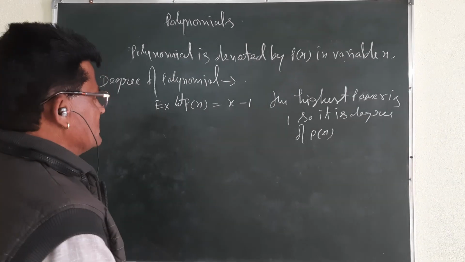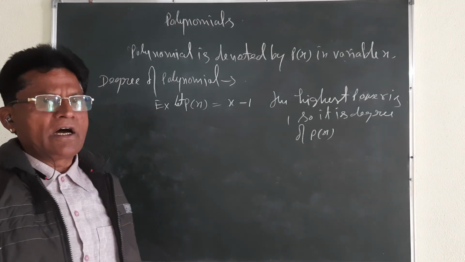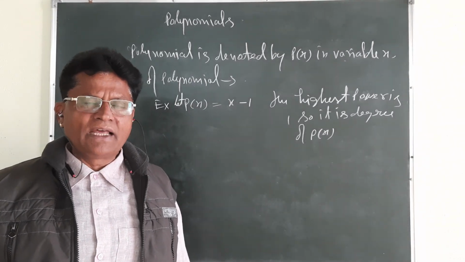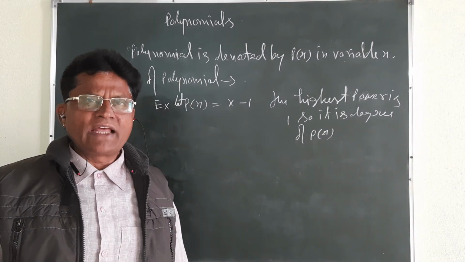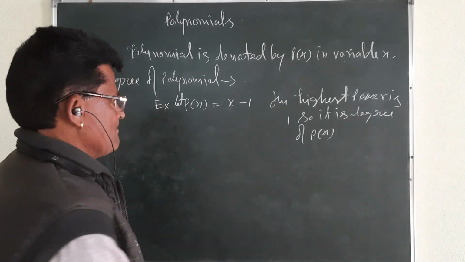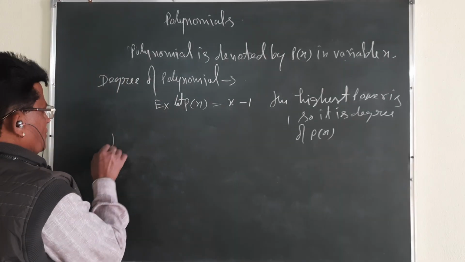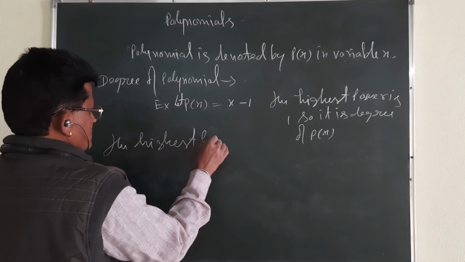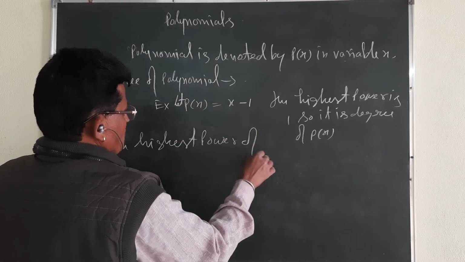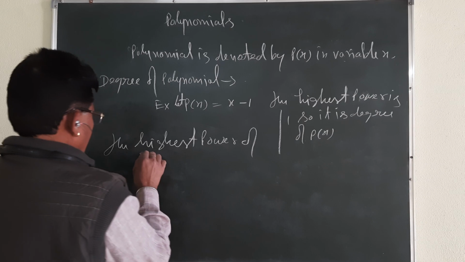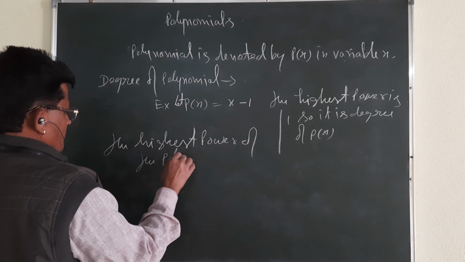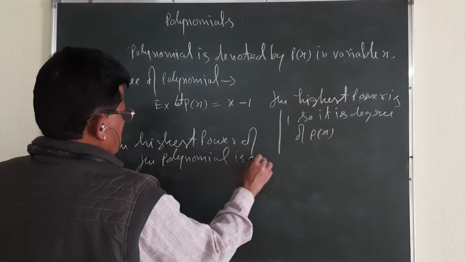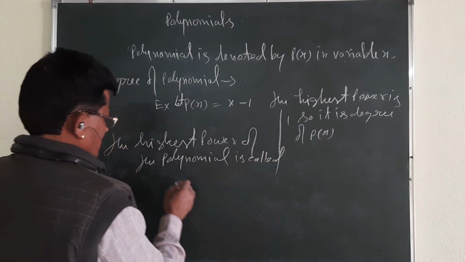That is why you can write the definition of the degree of the polynomial. The highest power of the polynomial is known as the degree. The highest power of the polynomial is called degree.